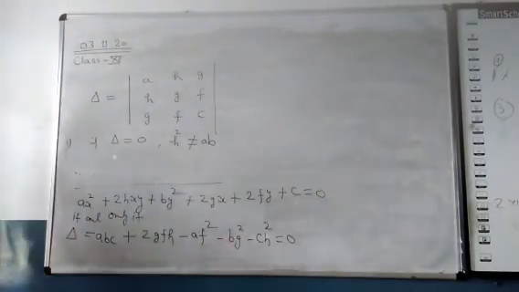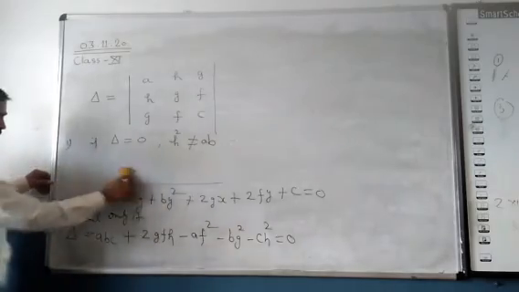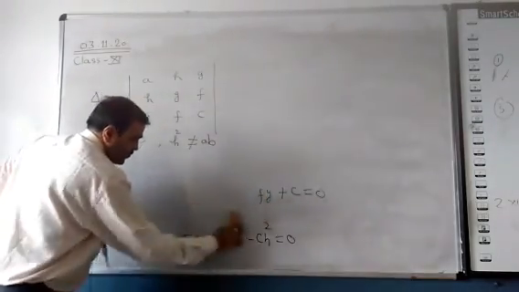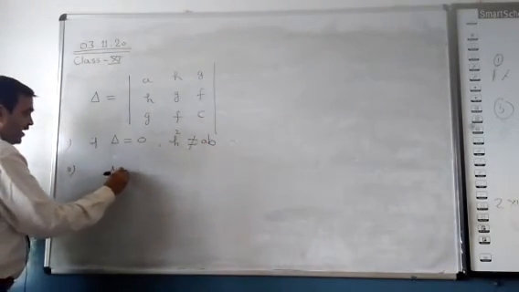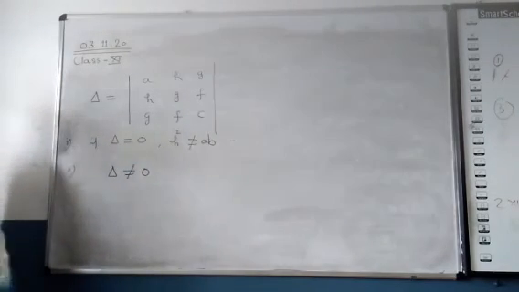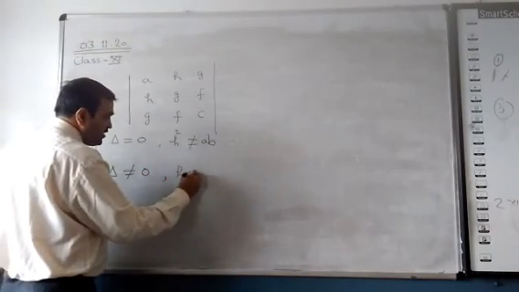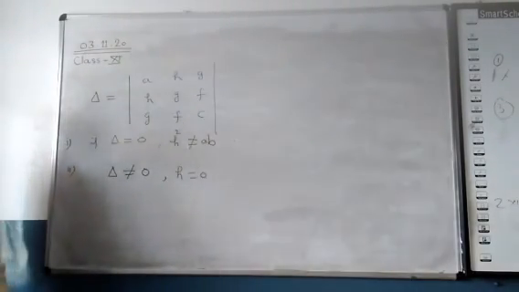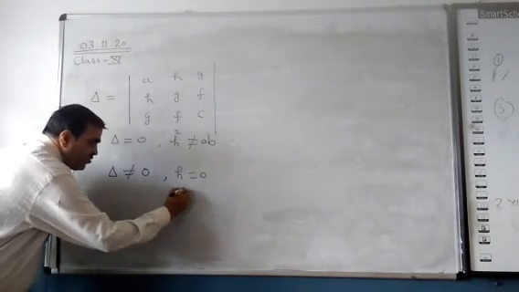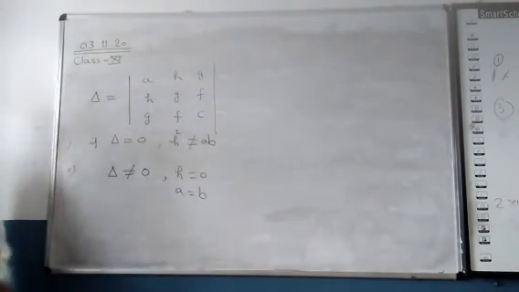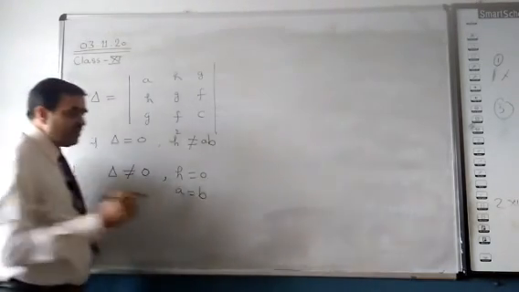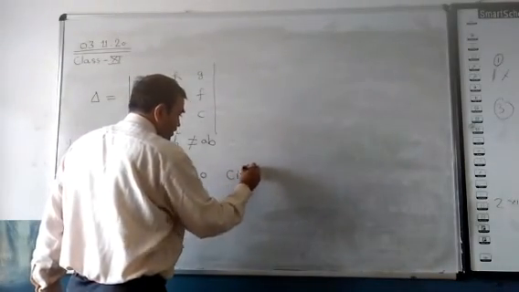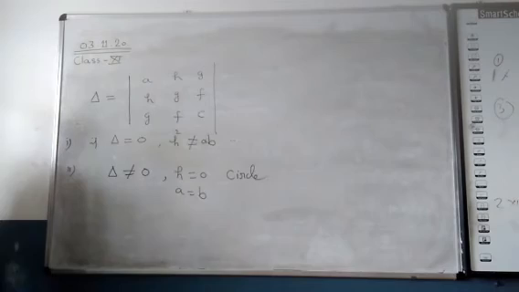Number 2, delta is not equal to 0 and h equals to 0, a equals to b. In such a case, the given equation shows a circle.